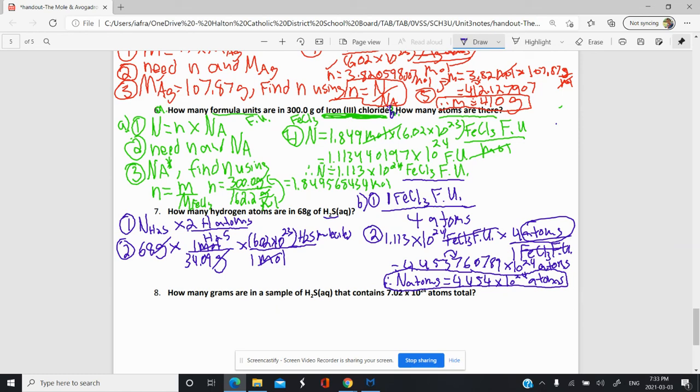And so I'm just continuing this process here. I get 1.2, and I'm not going to write everything down, but I'm going to write as much as I can down here, times 10 to the power of 24 H2S molecules.